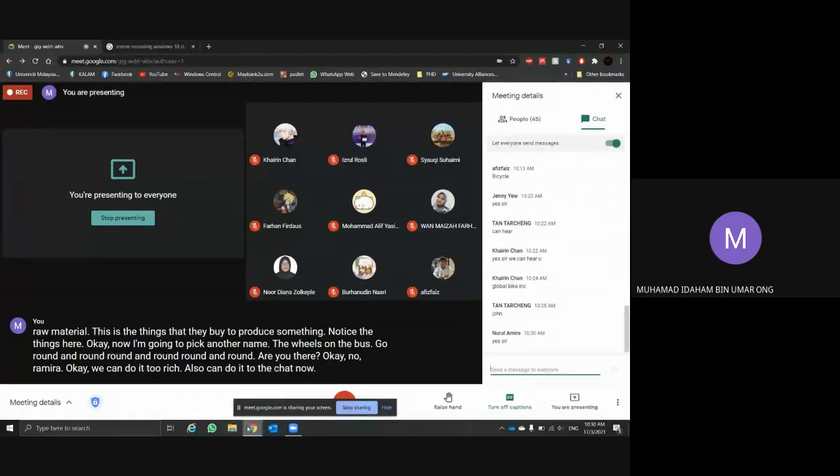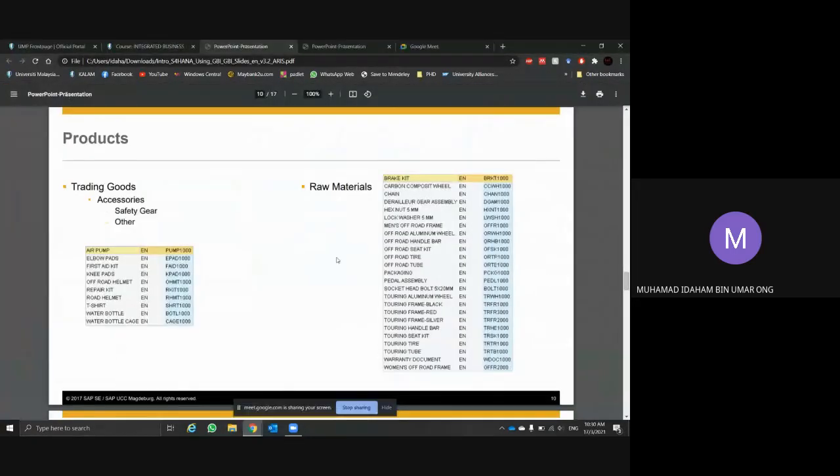Now, looking back on this slide here, raw material. Notice the items from brake kit to woman's off-road frame.